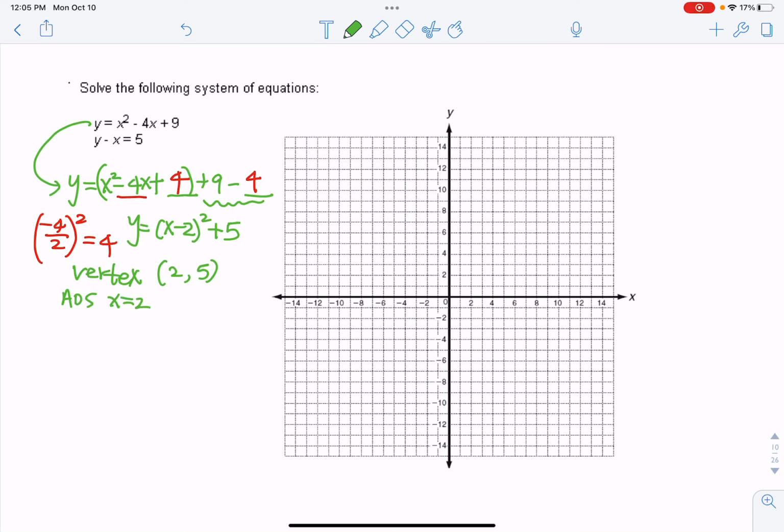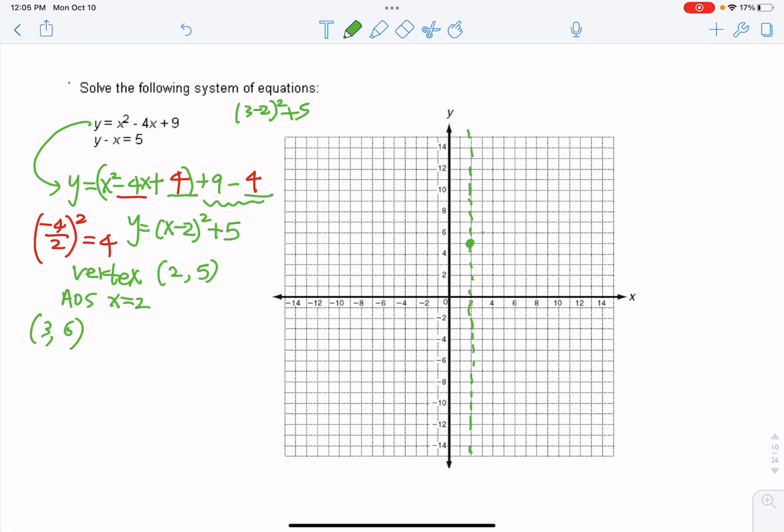So first, the axis of symmetry, x equals 2. I'm going to plot that and draw that vertical line. And then the vertex at (2, 5) here. If I plot some points, maybe if I plug in 3, then 3 minus 2 squared plus 5 will be 6.